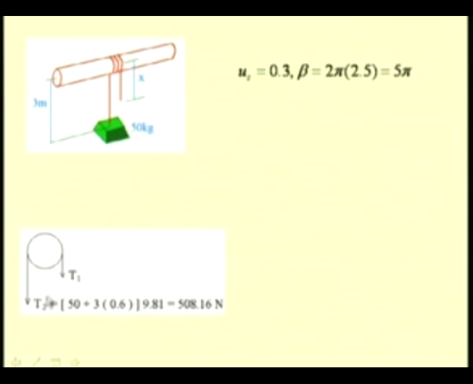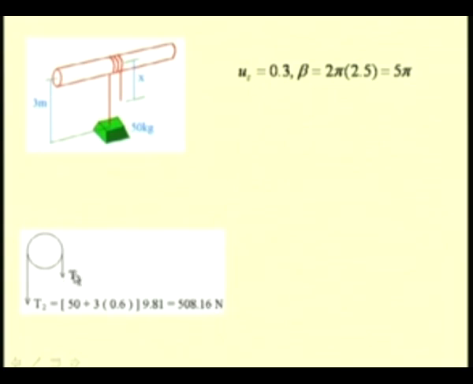So, this diagram shows the tension on the side where the 50 kg block is attached. So, it is equal to 50 plus the self weight of the rope, which is hanging for 3 meters. So, we have it as 3 times the unit weight of the rope, which is 0.6 kg per meter, times the gravity, that is 9.81, which is equal to 508.16 Newton.